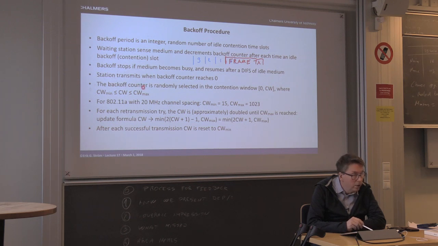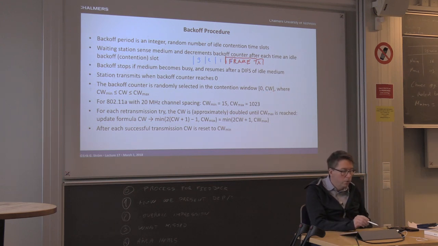The back-off counter is a random number, and it's selected inside a certain interval from 0 to a parameter called CW, for contention window or contention window size. Sometimes we call this the contention window, and CW the contention window size. So how do we choose that? Well, we choose it between a minimum number and a maximum number, which is pre-specified in the standard.